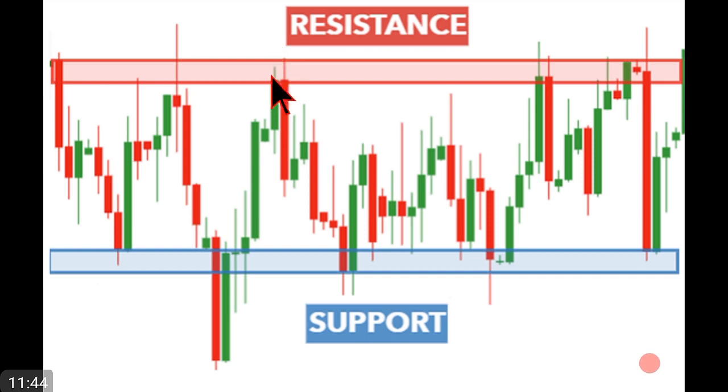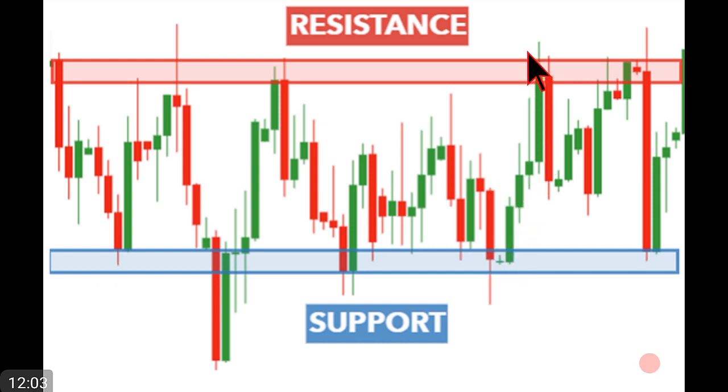As the support rejected it, it tried again, rejected it, tried again, rejected it. It went up, about to try here, got rejected, came back, tried it again, got rejected.